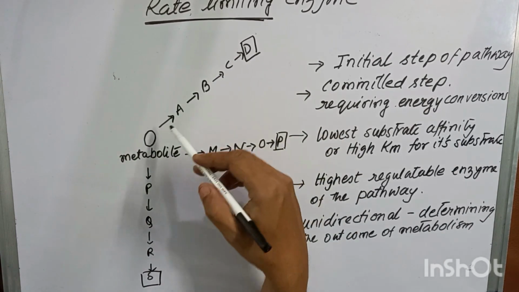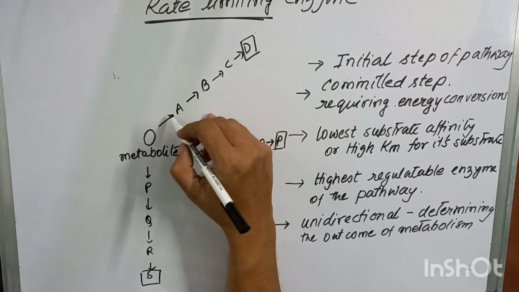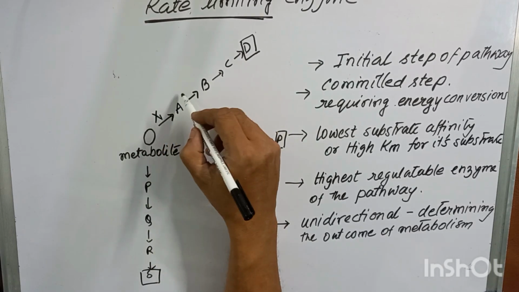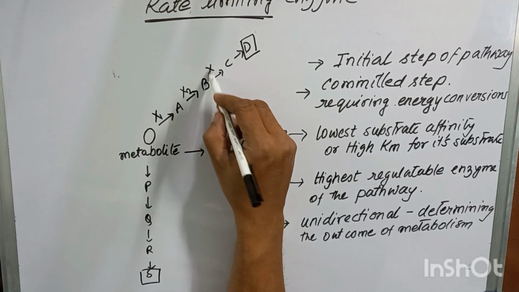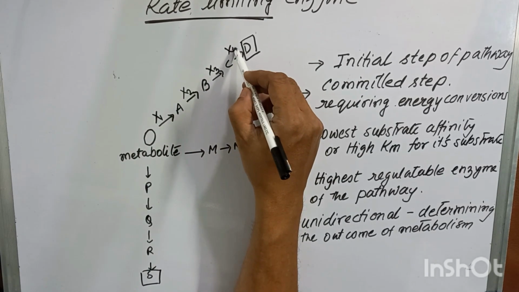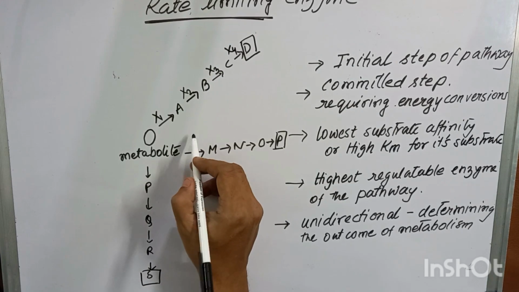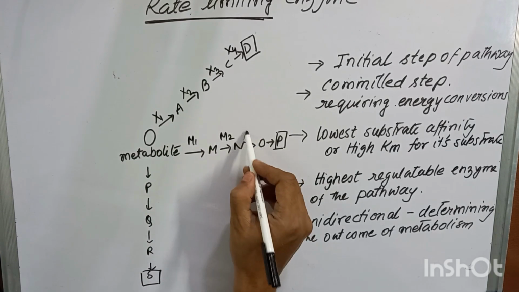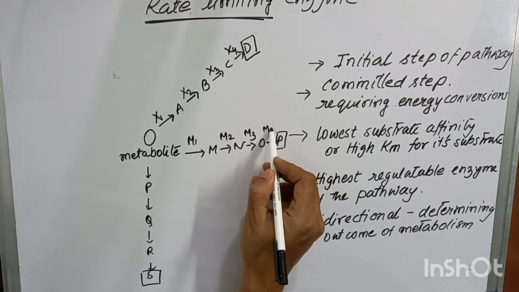And these pathways are converted by different enzymes. Say here it is X1, X2, X3, X4, and here it is M1, M2, M3, M4.